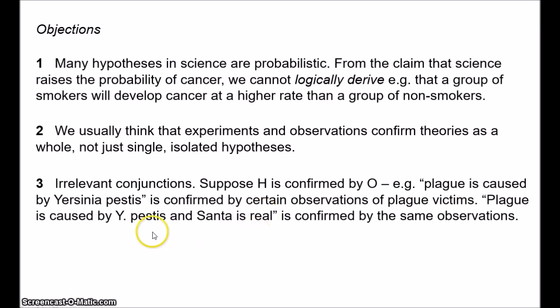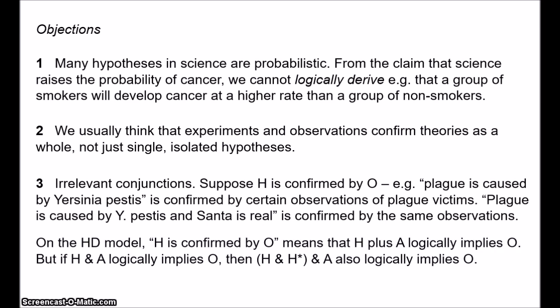If you have a conjunction of claims, if you have X and Y, and you provide evidence for X, well, that raises the probability that the whole conjunction is true. Remember the form of hypothetico-deductive confirmation, right? Hypothetico-deductive confirmation says an observation confirms a hypothesis relative to the auxiliary hypotheses if and only if the conjunction of the hypothesis and the auxiliaries logically implies the observation.